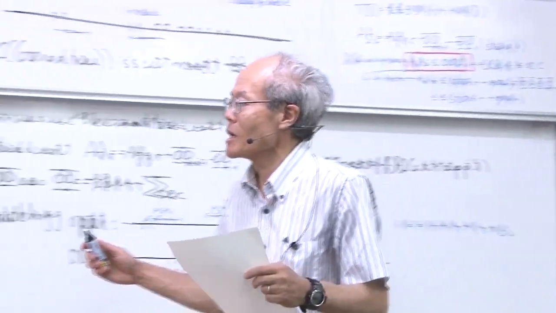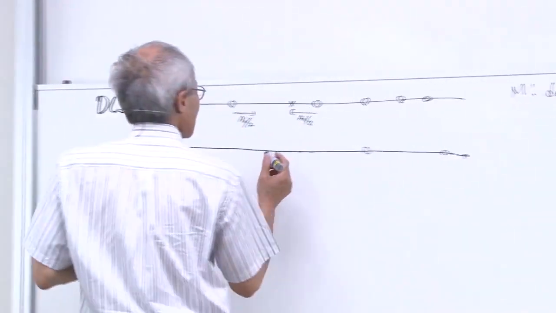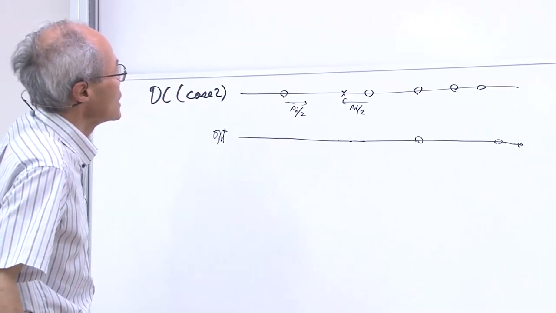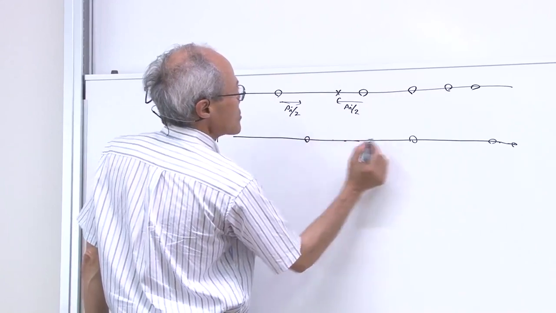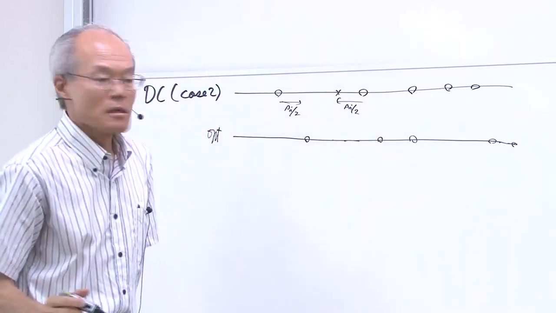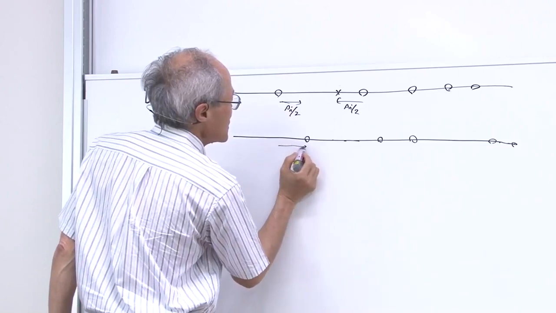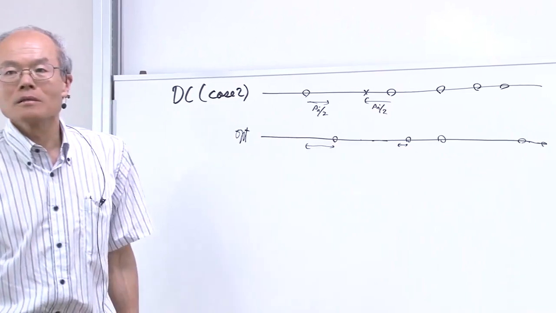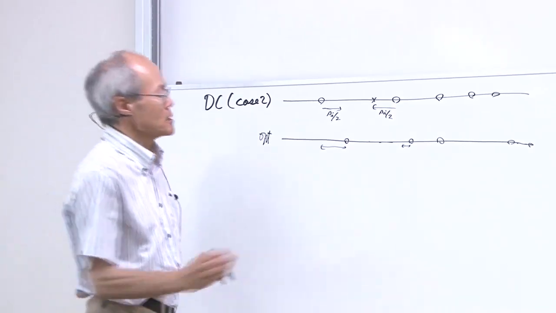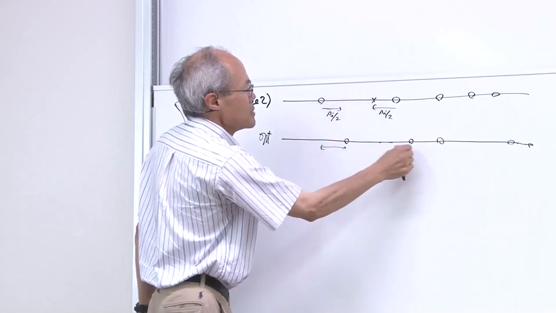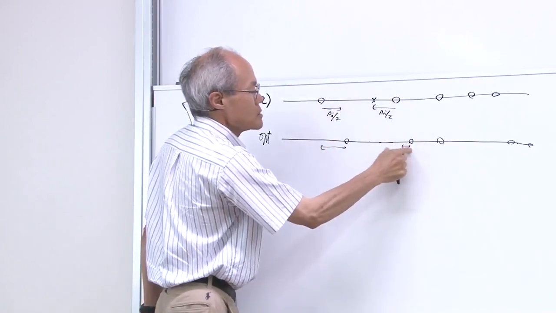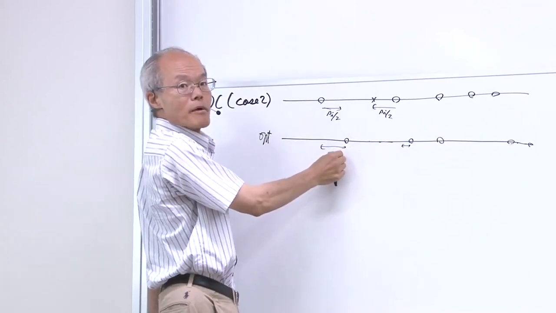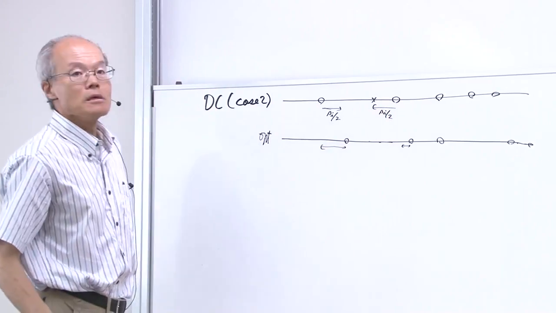So it does not change. It's not so easy to write. Then this M decreases, but this m increases by the same amount. This m decreases because this guy comes here, but this m increases by the same amount. So M does not change.